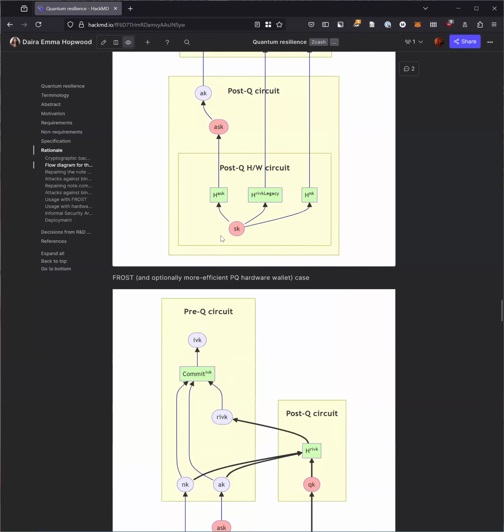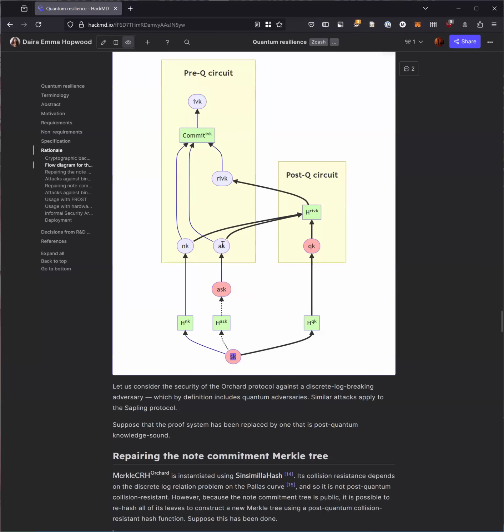You can model them as independent values, where if we have NK derived from AK, you don't get that property. And here we're actually intentionally deriving RIVK from these two. So yeah, it becomes a bit tricky.